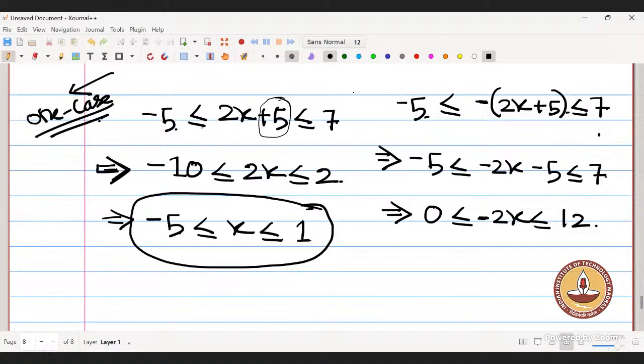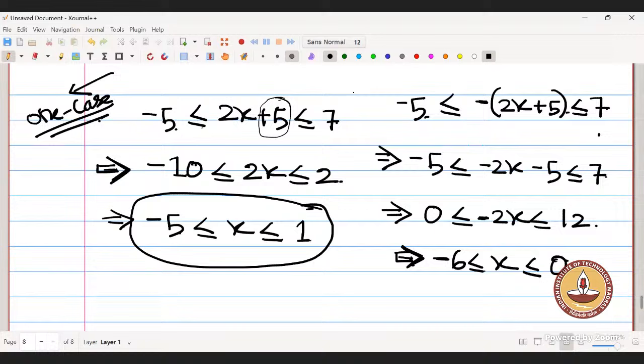Then we will divide by -2. We have to change the equality sign now, right? Yeah, correct. So if I multiply by -1/2, then I will basically get -6, which is greater than x, which is less than 0.